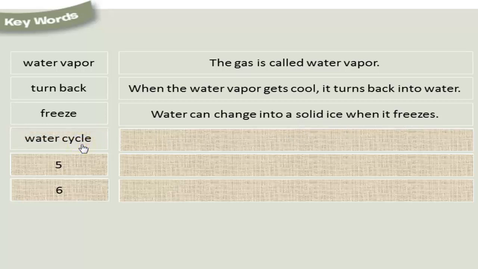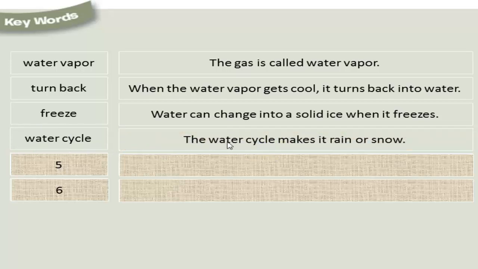The next keyword is water cycle. This is the title of the unit that we learn today. The water cycle makes it rain or snow. The next keyword is turn into.